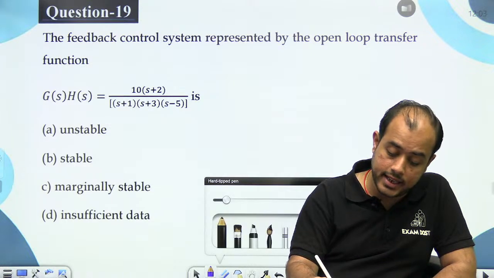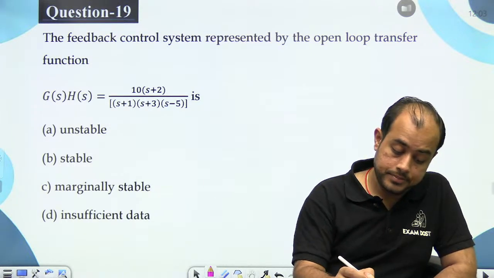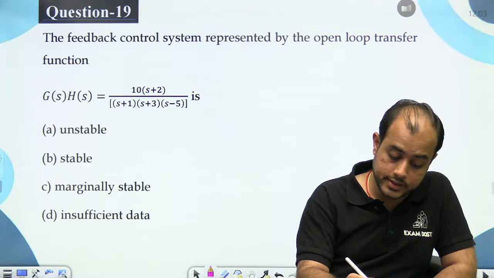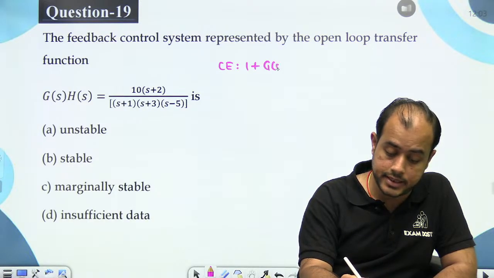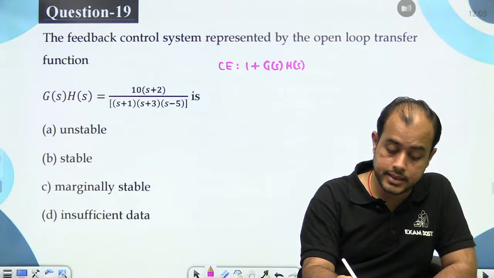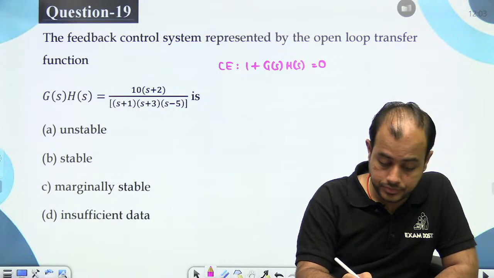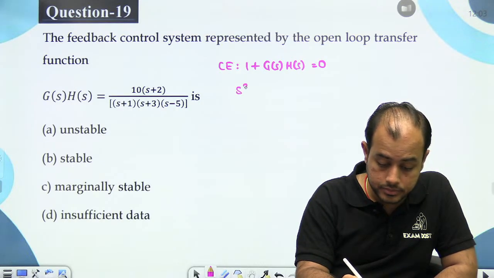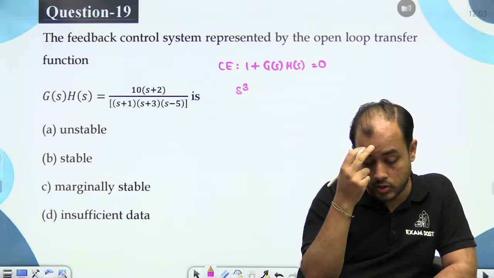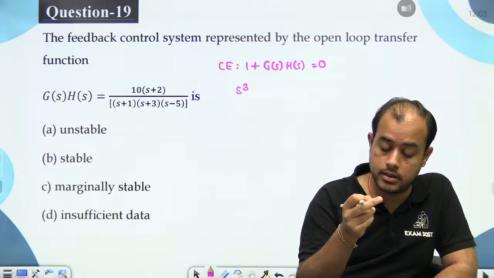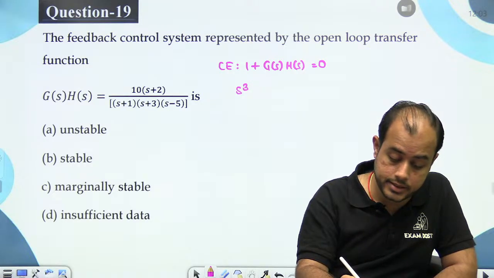ESE 2010. Feedback control system. So characteristic equation is 1 plus G(s)H(s) equal to 0. So S cube. Then what about S square? Minus 15 plus 3 minus 12, minus 5, minus 17.